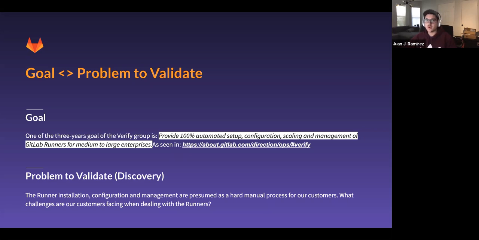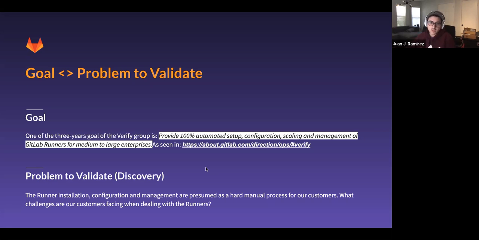And right now we have methods to allow our customers to provision runners, but they are not as great, and they definitely can create hiccups when they are trying to use this. And the reason why this is so important is because the runners are the heart of our CI offering. They power our CI. We couldn't have our continuous integration offering if it wasn't for the runners, and I'll explain that in a bit.